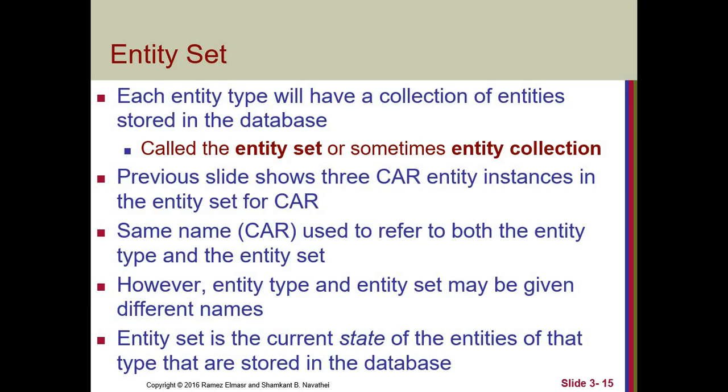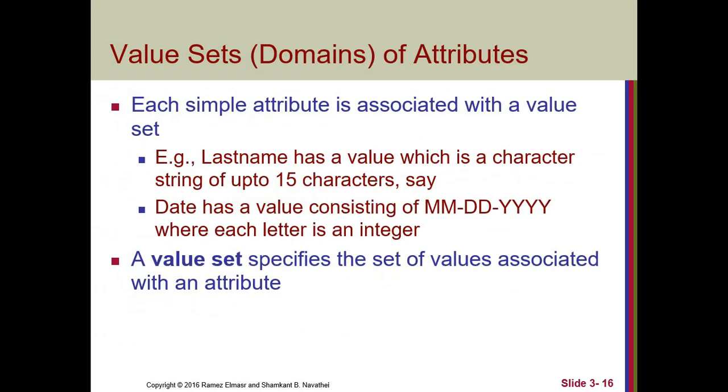Entity sets can change based on the needs of your database. As they change over time, you may change your entity set. Value sets can be changed based on your needs as well. For example, prior to 2000, date of birth was usually written out month, month, day, day, year, year, with the year generally being something like 1999 or 1919.